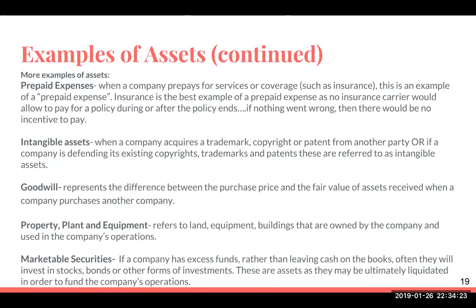Another type of asset is an intangible asset. If a company acquires a trademark, copyright, or patent from another party, or if a company is defending its existing copyrights, trademarks, and patents, these are referred to as intangible assets. Great example: when Disney acquired Marvel, one of the intangible assets was more than likely certain characters, like Iron Man, the properties that they assigned value to.